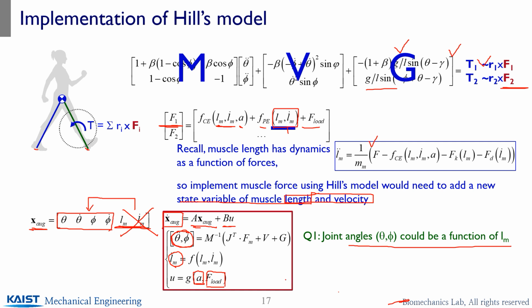Then you can simplify the model. Or you can actually complicate the model by adding another dynamics for the activation. Instead of having 0 or 1, a constant value for the activation level A, you may say there is an activation signal coming in from the brain. There's going to be a time delay for the A, then you can add another dynamics for the A. So either you can simplify the model, or you can make it more detailed and more accurate to represent the behavior you are really interested in.